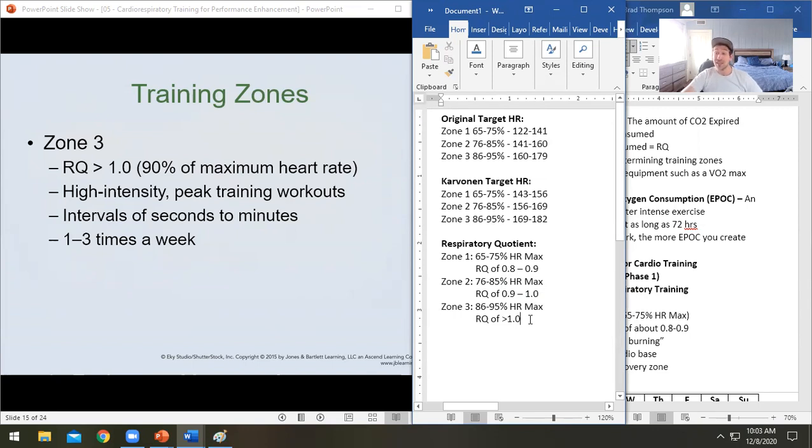Like you need 500 units of oxygen, but you're only capable of bringing in 499 units. So you need 500, which means you cannot keep up zone 3 for a substantial period of time. It's impossible. No one can maintain an RQ of 1.0 because you are consuming all the oxygen.